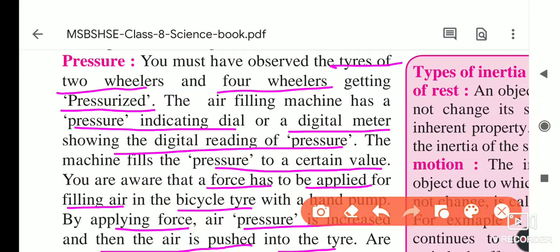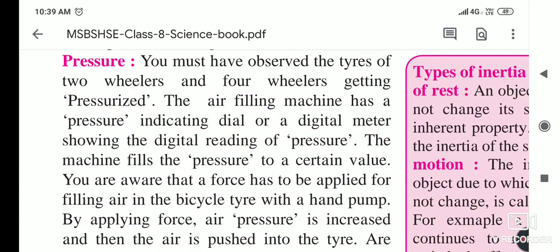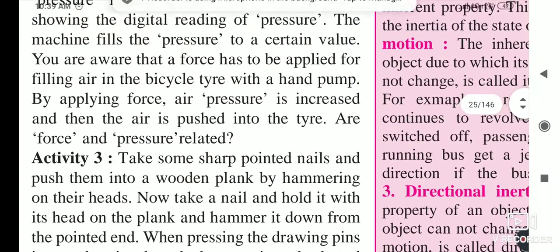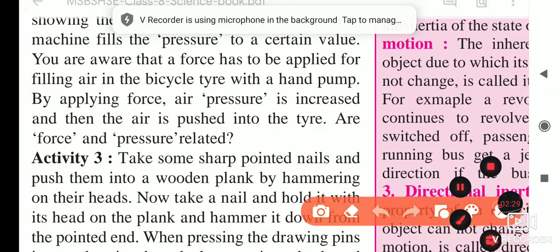If you see that activity, you will understand that when we pull the piston upward, air enters the pump, and when we push it down, the air enters the tire. So we apply pressure on the pump and the air enters the tire. This happens when we fill air inside the tire or tube.